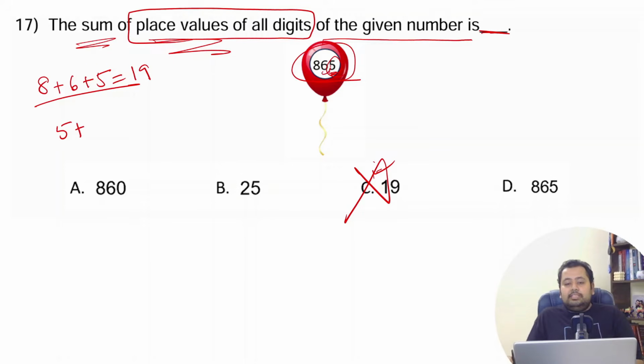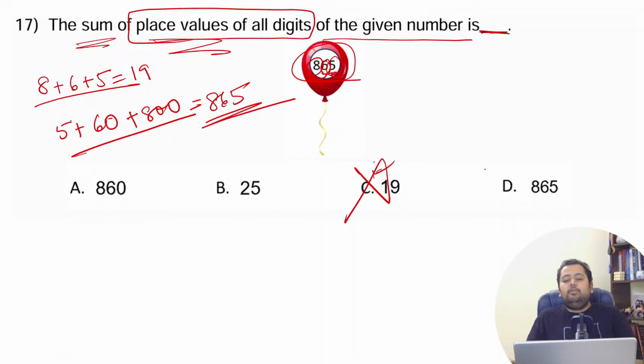The place value of 6 in the tens place is nothing but 60. The place value of 8 in the hundreds place is 800. Now, if you add 800 plus 60 plus 5, it comes out to be 865. So option number D is the correct answer.